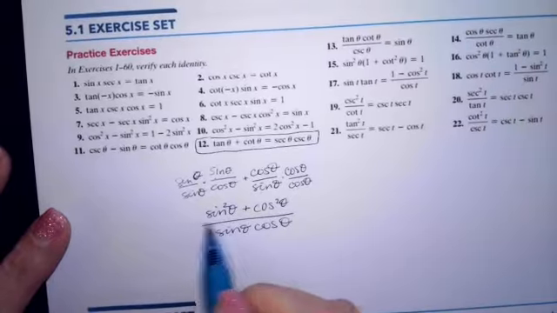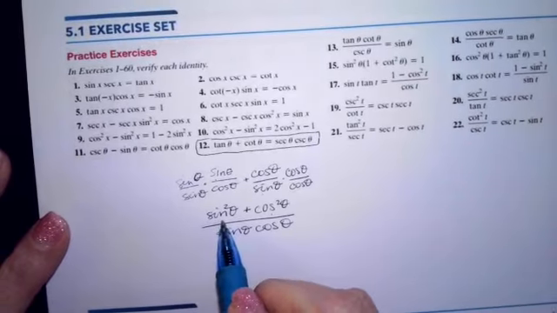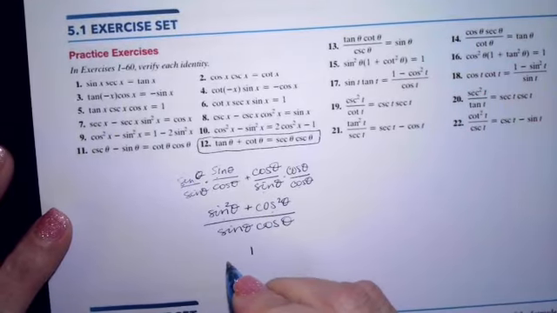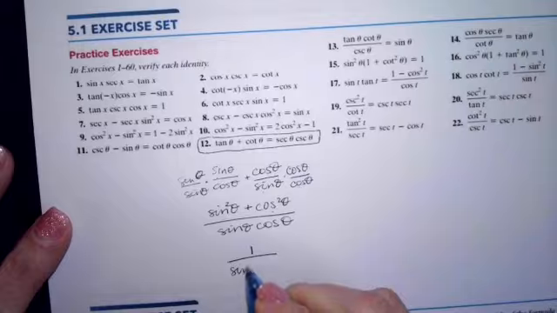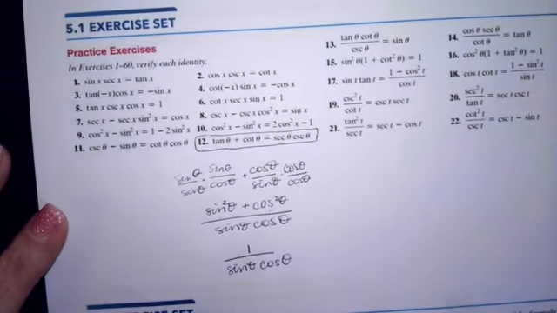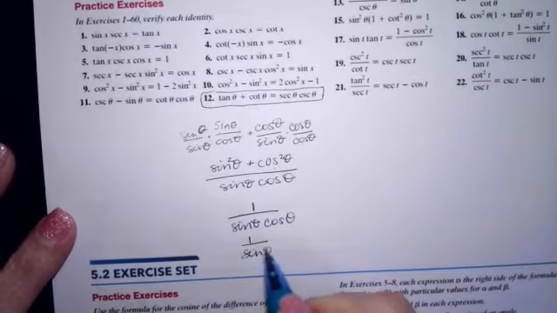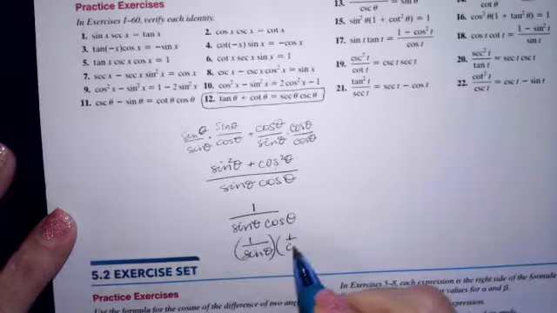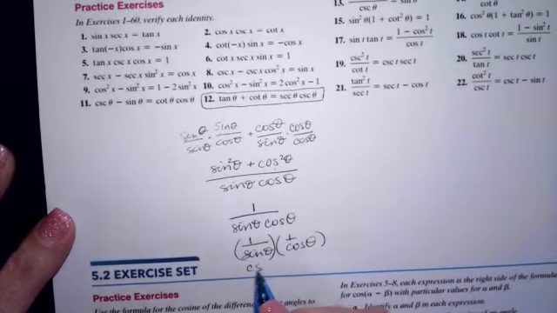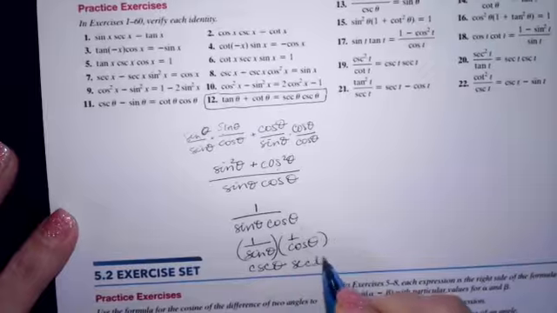Okay, well, according to our Pythagorean identity, cosine squared plus sine squared, or sine squared plus cosine squared, is equal to 1. So this would be 1 over sine theta cosine theta. And then if I separated that into two separate terms, then 1 over sine theta is cosecant theta. 1 over cosine theta is secant theta.